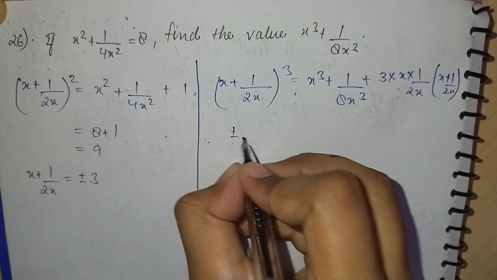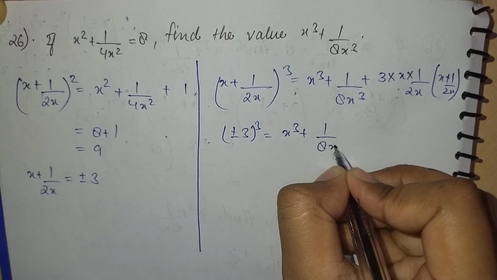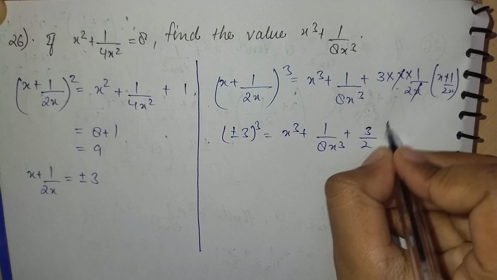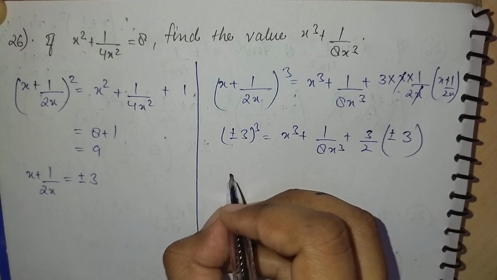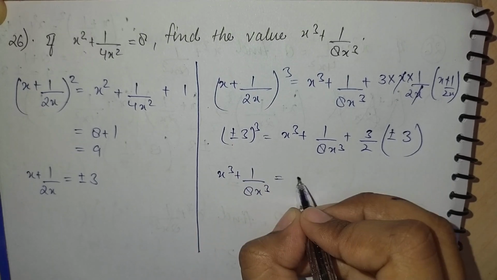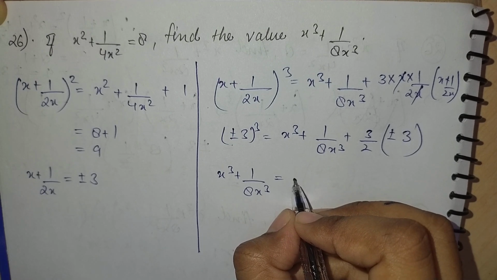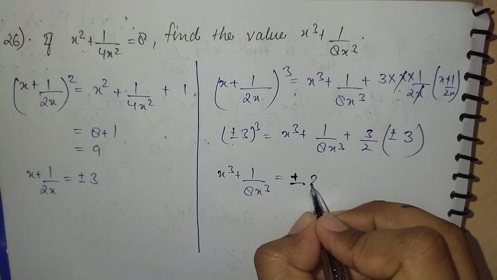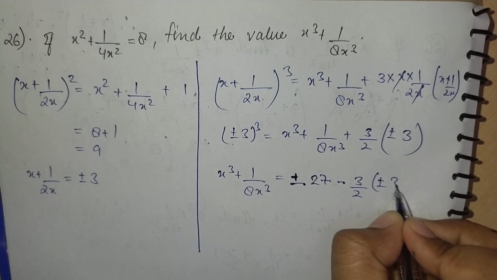So we can write plus minus 3 the whole cube, x cube plus 1 by 8x cube plus, this will cancel out, we will get 3 by 2, into plus minus 3. So we can write it as x cube plus 1 by 8x cube equal to plus minus 27 minus 3 by 2 into plus minus 3.